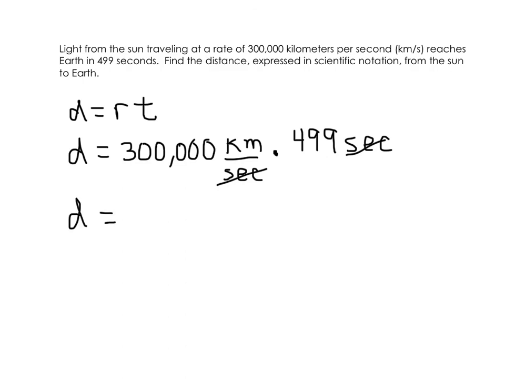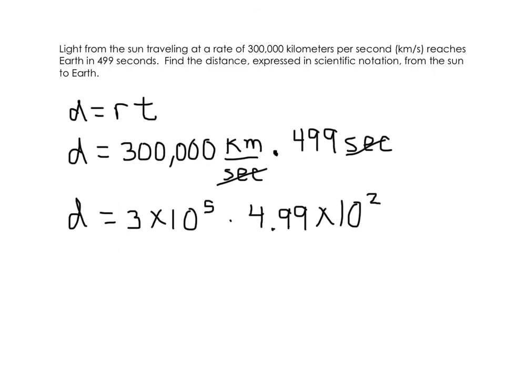So we have 300,000 times 499. We can go ahead and just put this in our calculator. Most calculators can handle that. Or we could convert our numbers to scientific notation. 300,000 is 3 times 10 to the 5th power. 499 is 4.99 times 10 to the 2nd power.